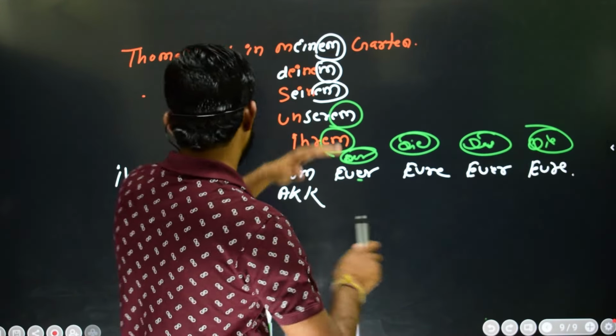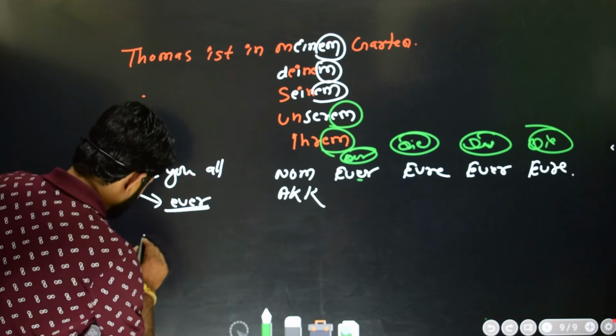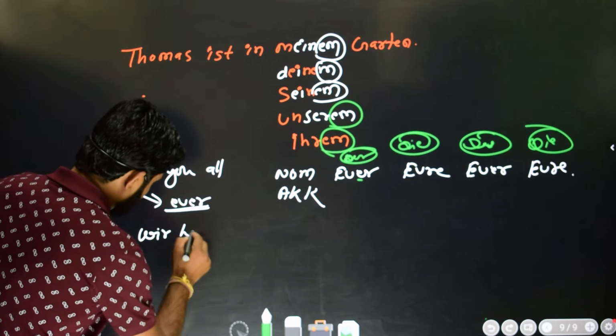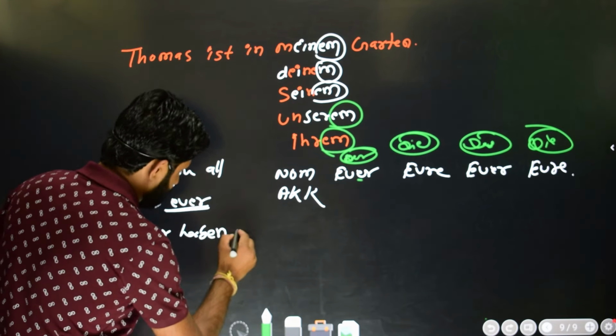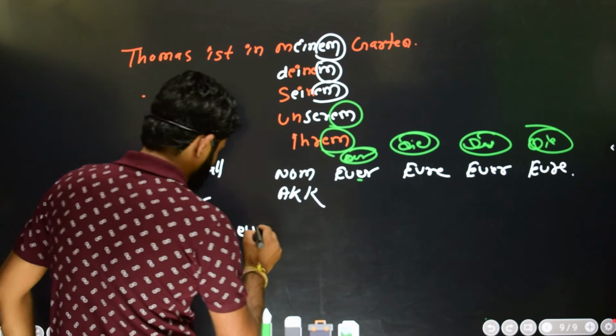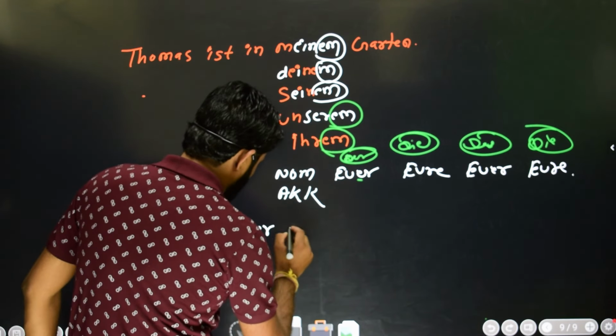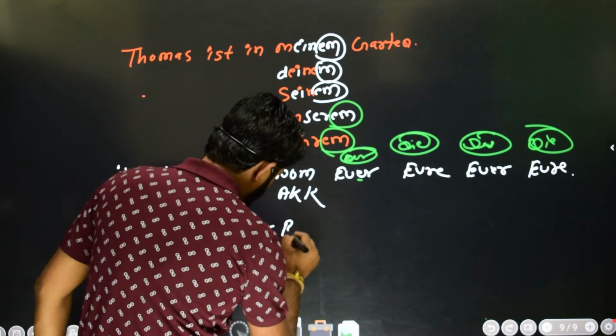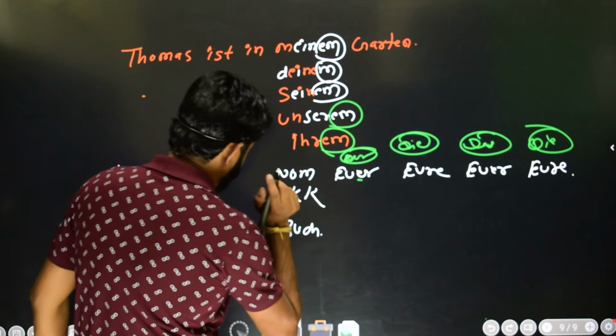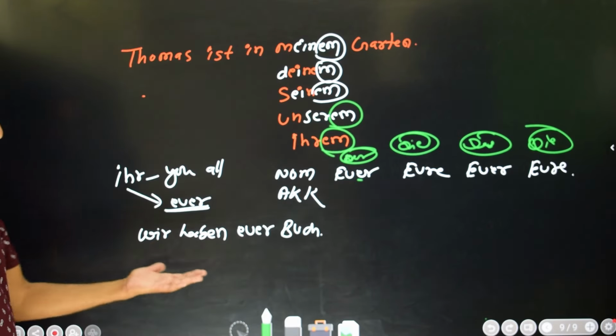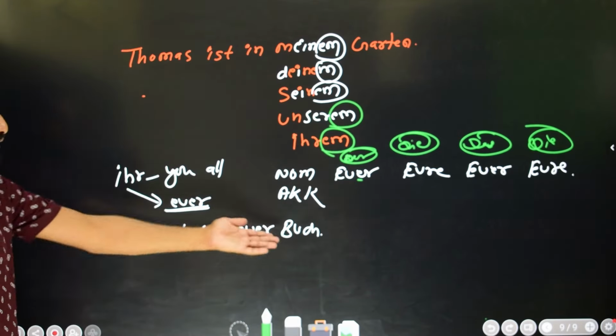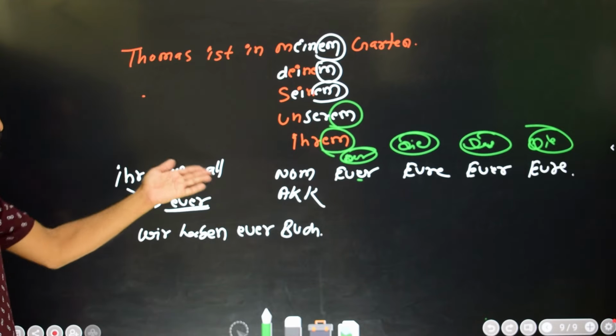Now let's take an example. Wir haben euer Buch. That means we have your book. Your means you all.